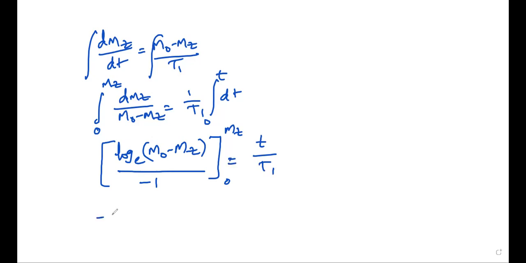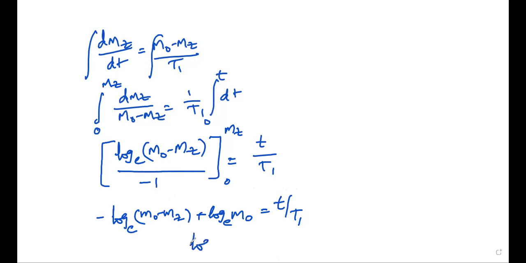Then minus log base e of M naught minus Mz plus log base e of M naught, when we apply limits, is equal to t by T1. So this is log of M naught by M naught minus Mz equal to t by T1.